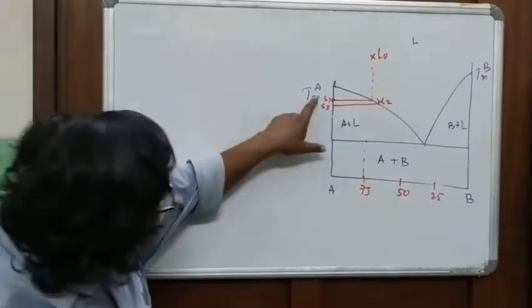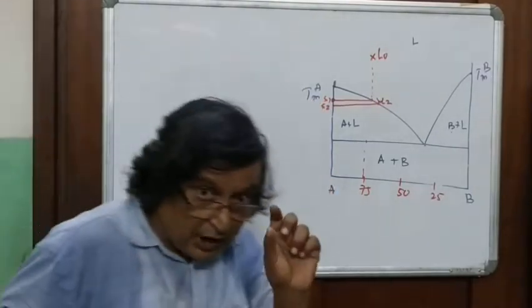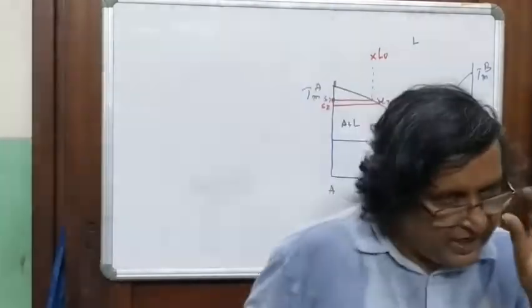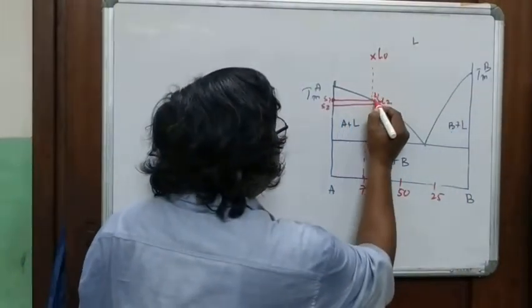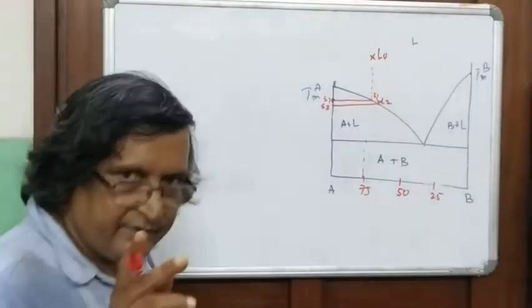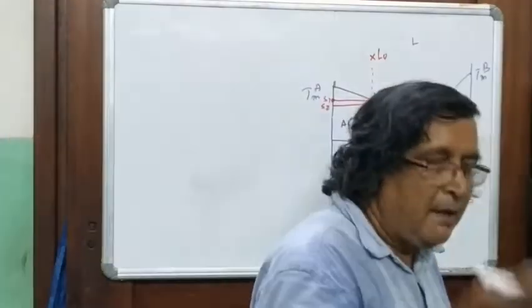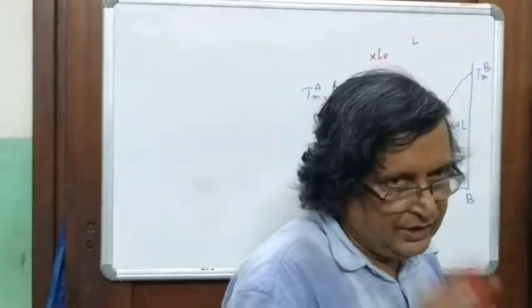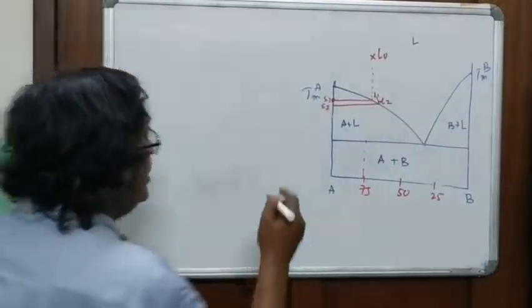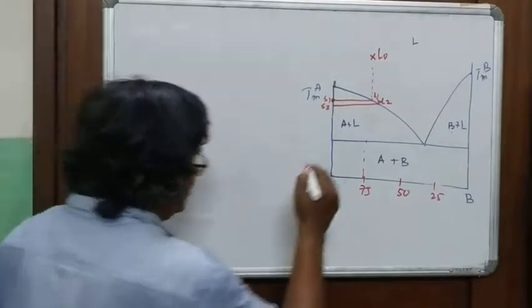Remember, the composition of S1 and S2 is the same, but the composition of L1 and L2 is very different. The composition of the crystallized solid is the same, and they are pure S1 and pure S2.